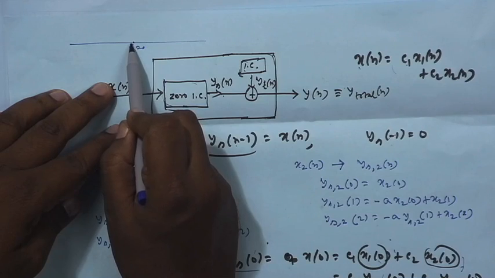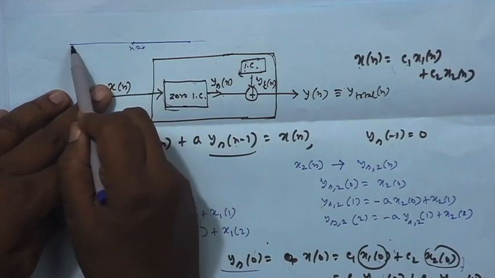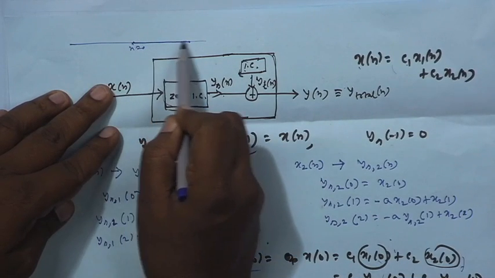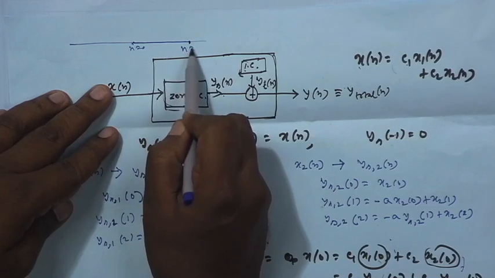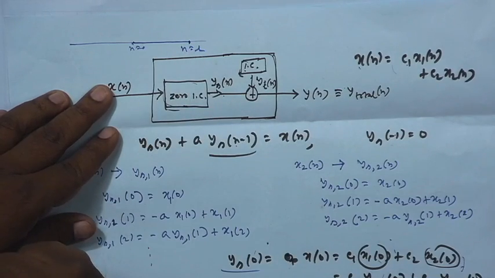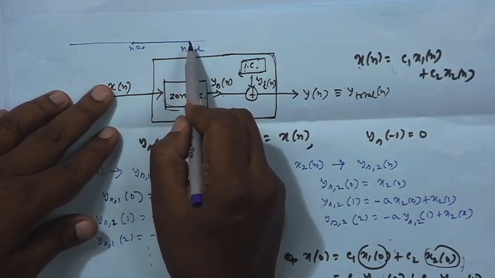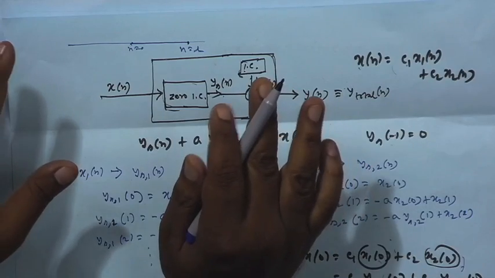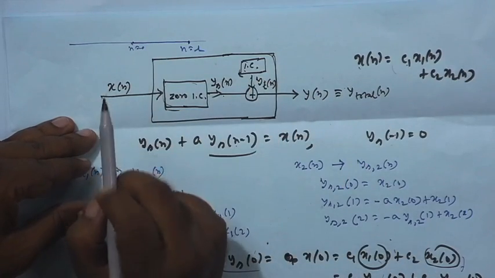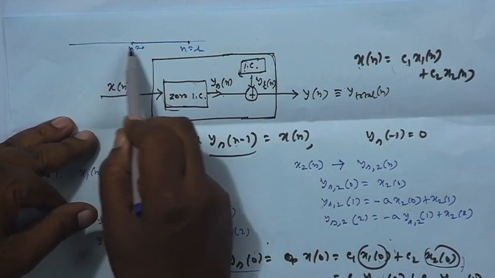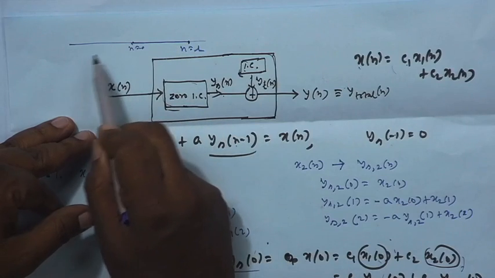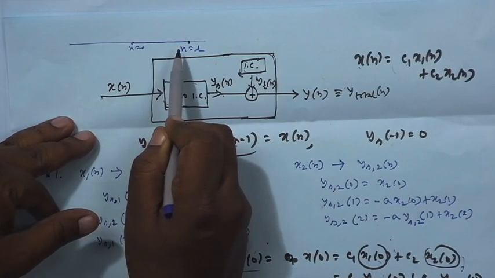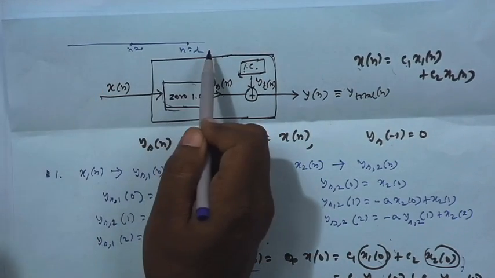Therefore, instead of giving the input at n equal to 0, if I hold that 0 initial condition situation further and give the input at n equal to r, the new output will be the same as the previous output, because at n equal to r, the same 0 initial conditions for output and the same 0 value for input were prevailing.